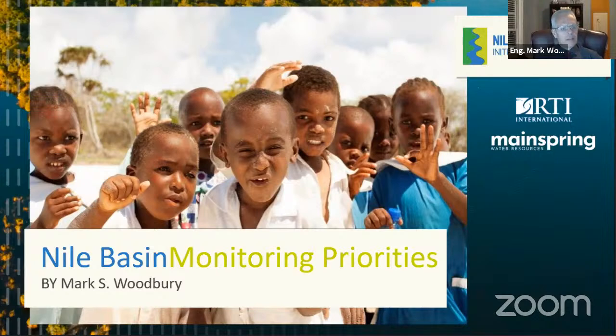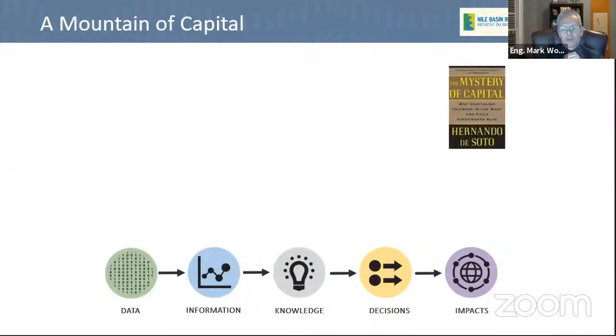So I want to invite us, many of us are engineers, we think in these sort of practical ways, but we sometimes don't think about the human aspect of what motivates people to act and to improve. And so I wanted to make reference to what I will start by referring to as a mountain of capital, a mountain of resources that exist to help us in addressing these problems and improving the water resources information value chain that we discussed yesterday.